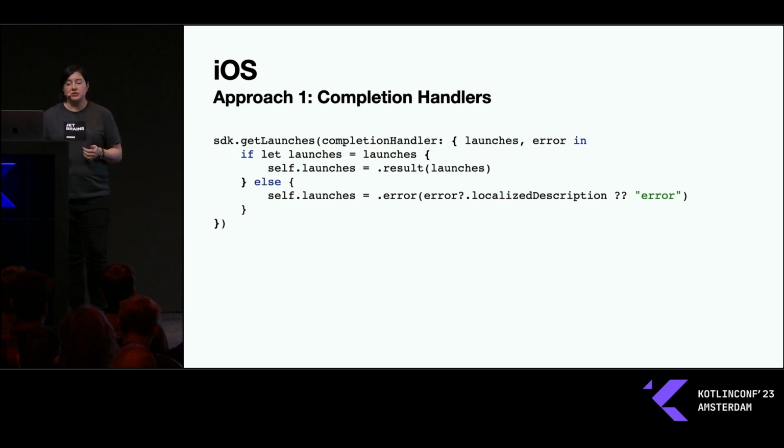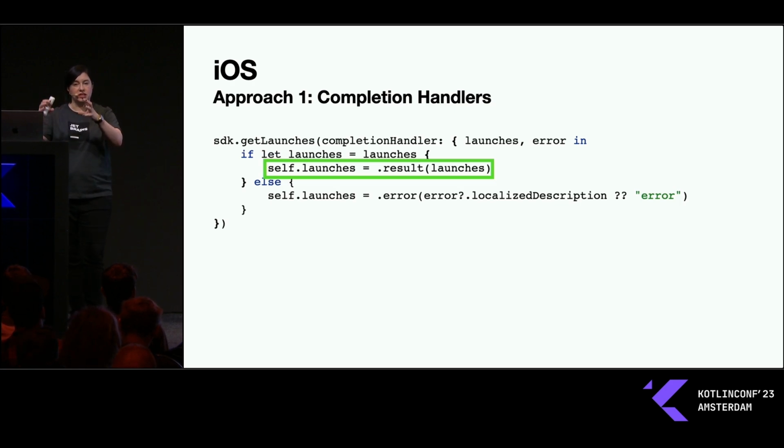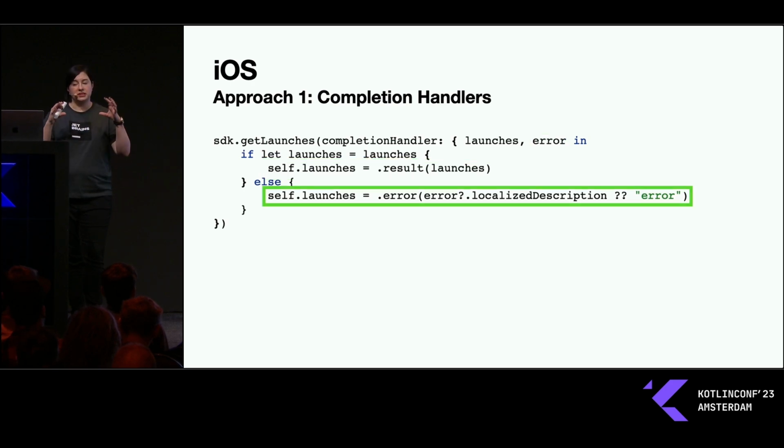Ideally, you would get some data in launches, and then you would set this published variable to something that wraps the result in a result state. If you get an error, we will set that published variable to something that wraps an error message in an error state.